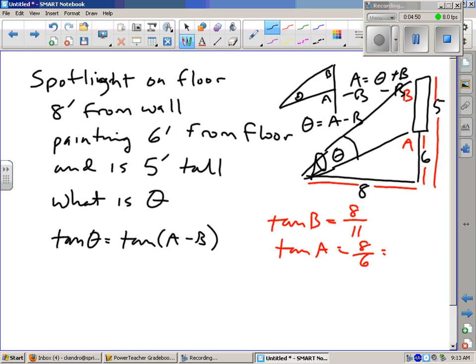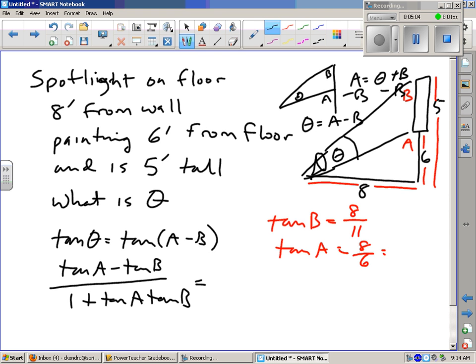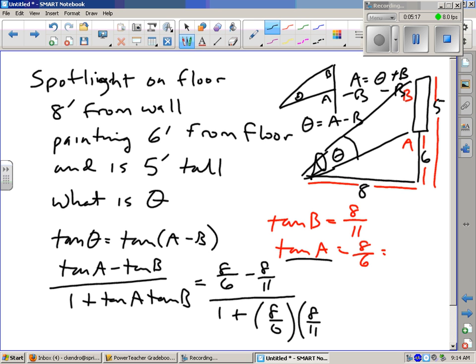Now we just wrote down the formulas for tangent of A minus B. And it goes like this: tangent of A minus tangent of B, over 1 plus tangent A tangent B. So let's plug in what we know. Tangent of A, we just said, was 8/6. Tangent of B is 8/11. And then 1 plus 8/6 times 8/11.